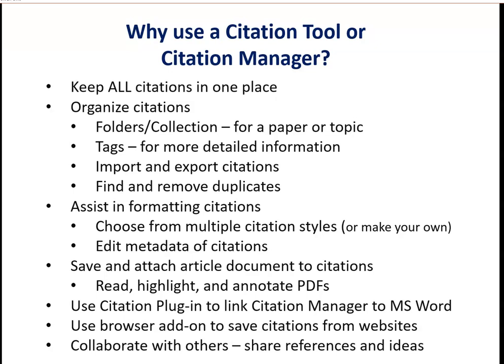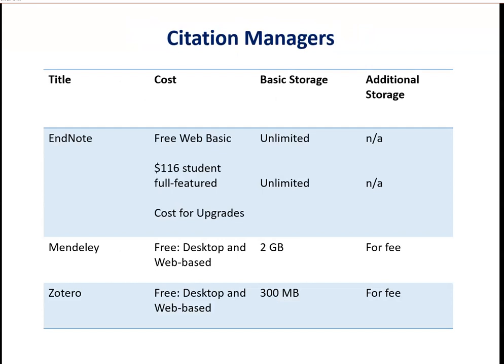You can also download a citation plugin to link the Citation Manager to MS Word so that they will correspond with each other and one will give information into the other. You can get a browser add-on for Chrome or Firefox, whatever, and you can then save citations from websites into your Citation Manager. You can also collaborate with others, which would allow you to share references and ideas.